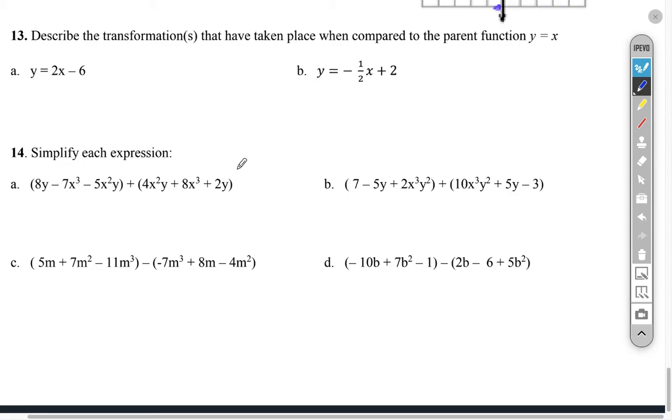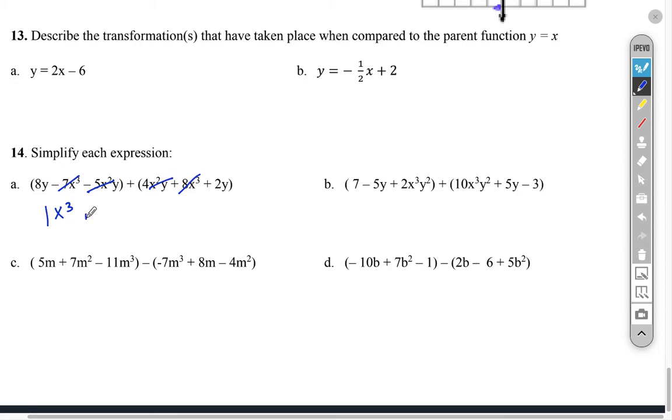So let's start with our greatest number of exponents. Right, so we've got x cubed. So we've got 8x cubed and -7x cubed. That's going to leave us with x cubed. 1x cubed, x cubed is the same thing, whatever makes you feel more comfortable. Right, and then we've got -5x squared y and 4x squared y. That's going to cancel out most of them except for 1, so -5 and 4.